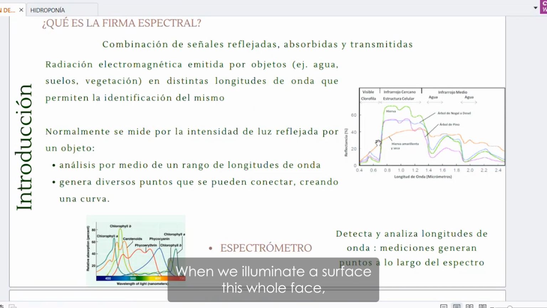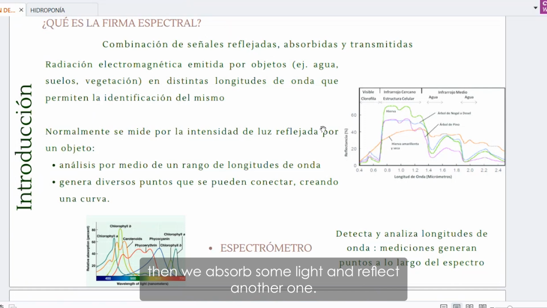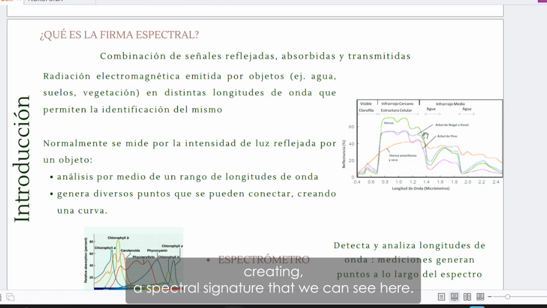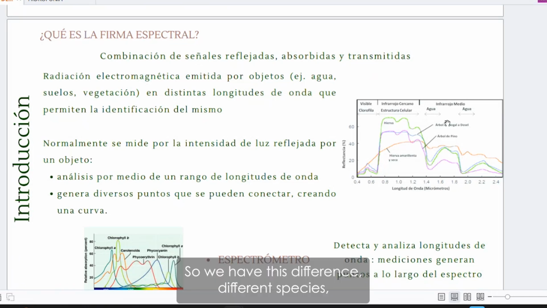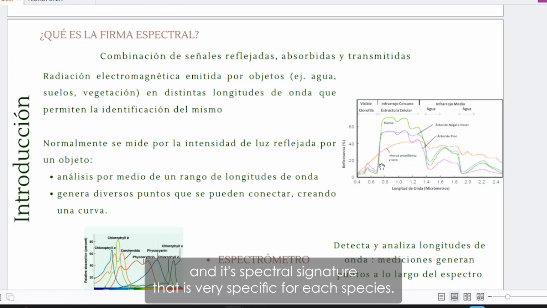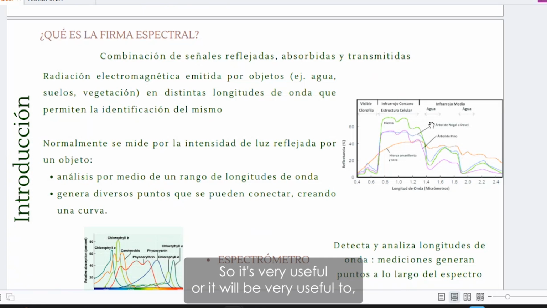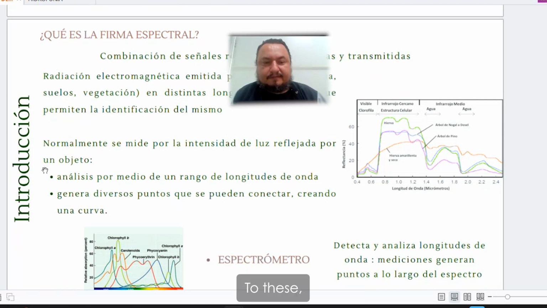When we illuminate a surface, this surface then will absorb some light and reflect another one, creating a spectral signature that we can see here. So we have different species and its spectral signature that is very specific for each species. So it will be very useful to do taxonomical studies.